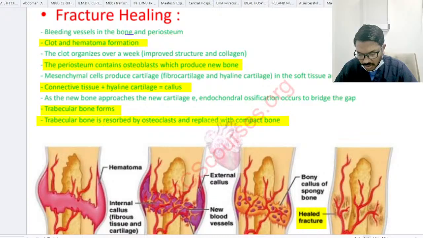My question is how a bone gets blood supply. The artery is one too. Which artery? Nutrient artery. The main blood supply of the bone is nutrient artery.